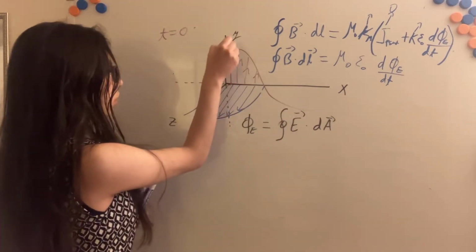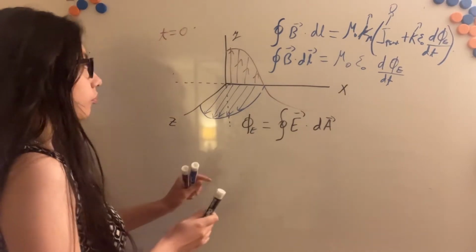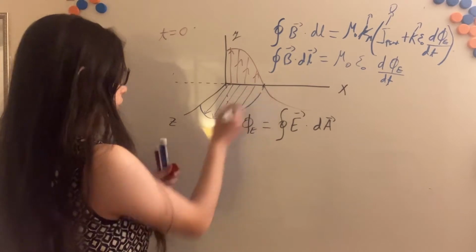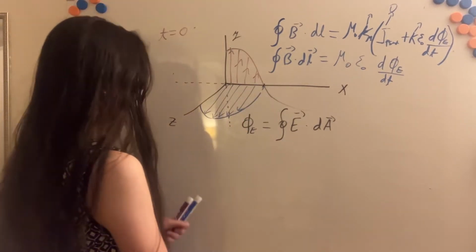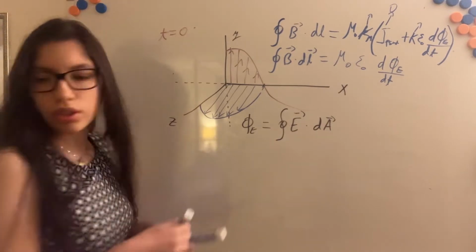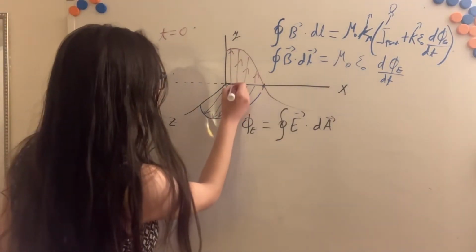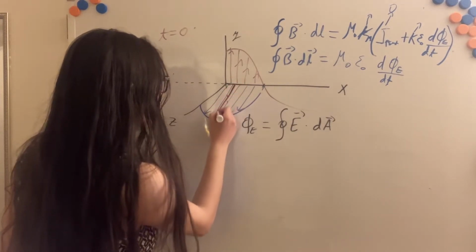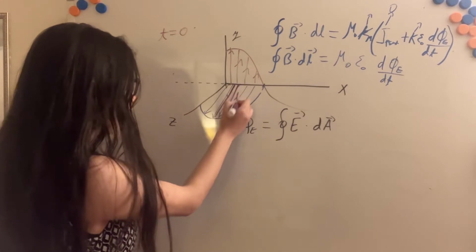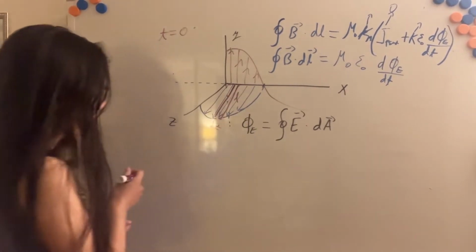Here we have some electric field, here we have another and another. So we will take the integral from here to here. We will take a surface, this surface with length L and width dz.